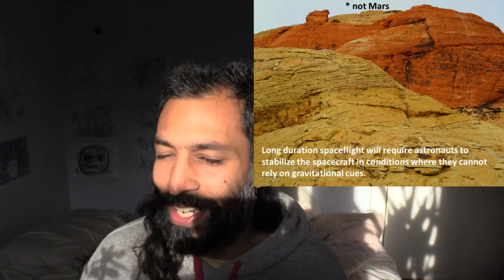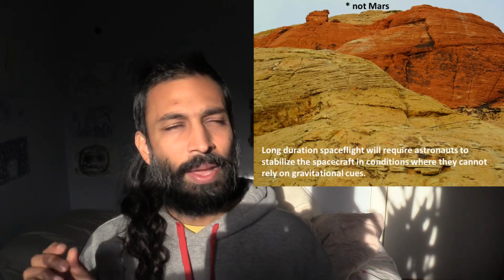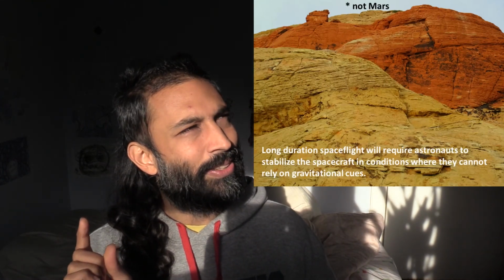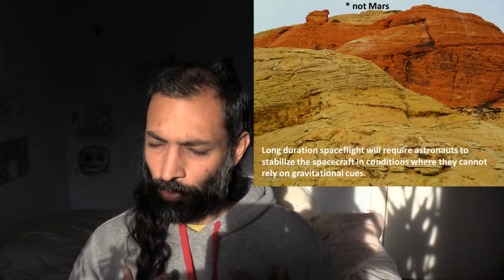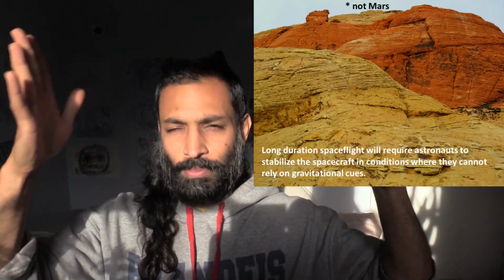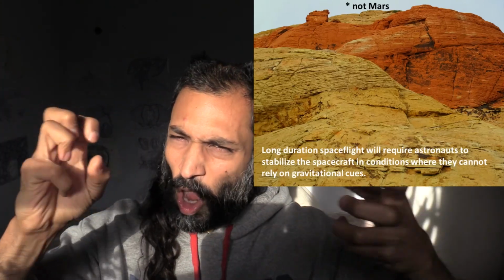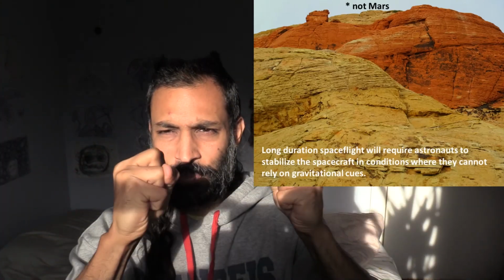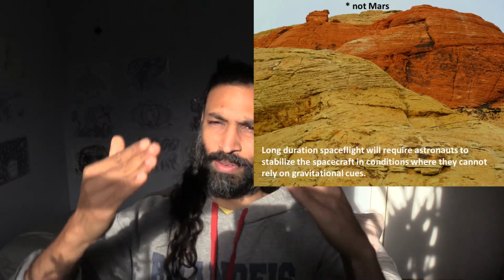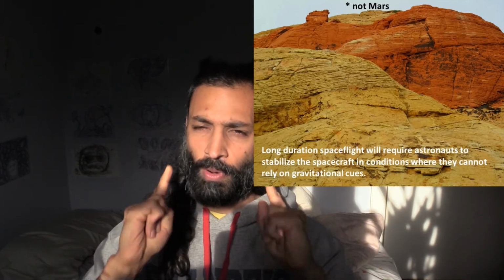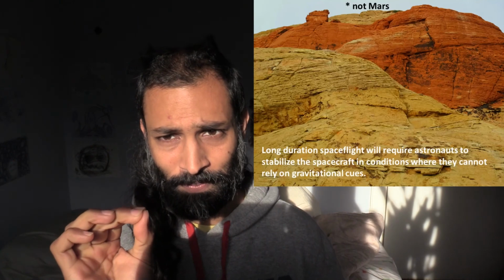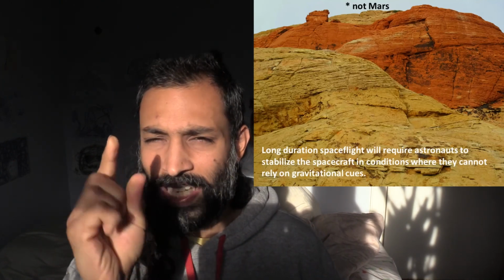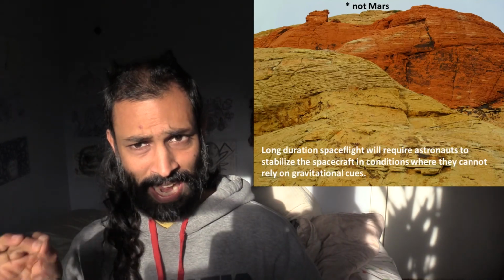That alone is a very interesting question, okay? But the more relevant question for the research I do is that you spend months and months and months like this where there's no real concept of where up is, and then comes a day when you have to land upon the surface of Mars, and all of a sudden, knowing where up is a matter of life and death, right?